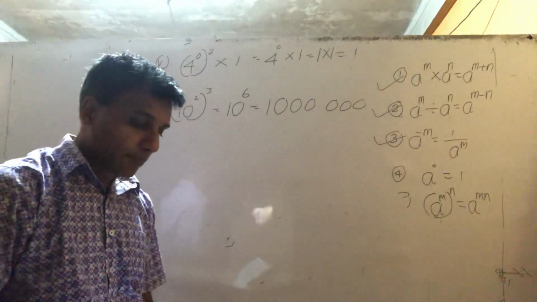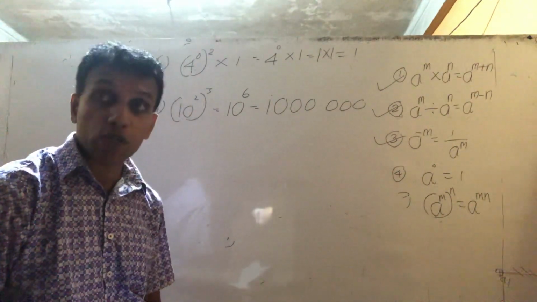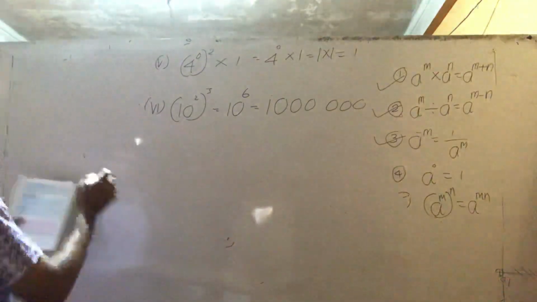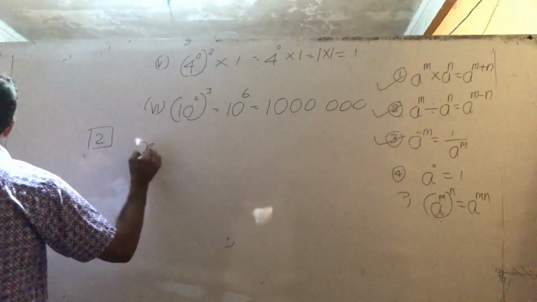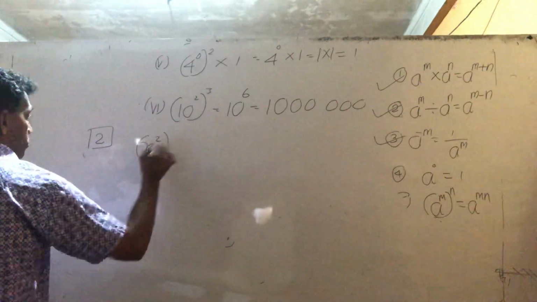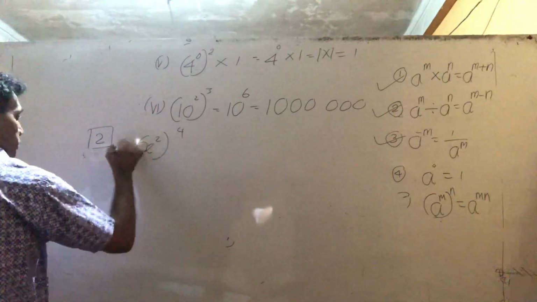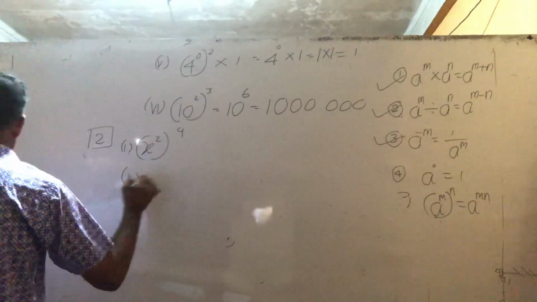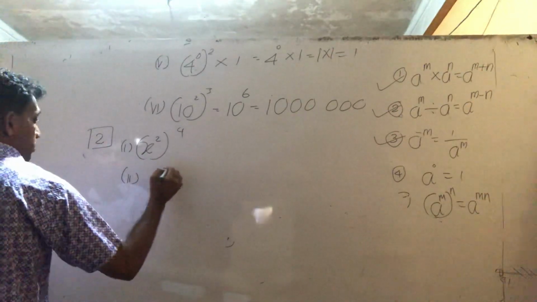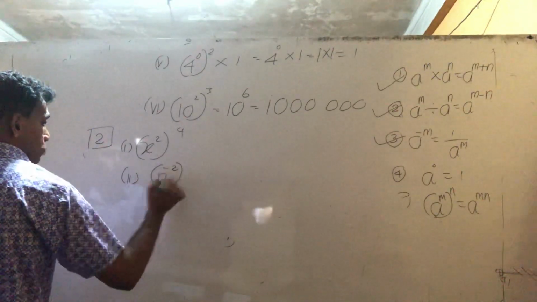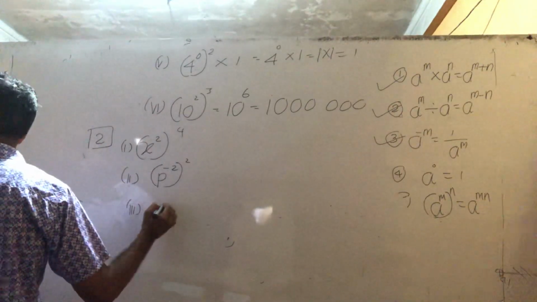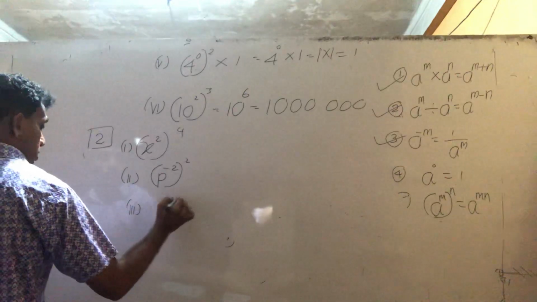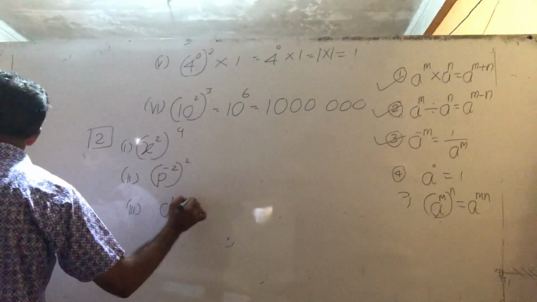Okay, next, second type: simplify and give the positive index form. First question, x squared to the power 4, p to the power minus 2, to the power 2, and a squared b squared.